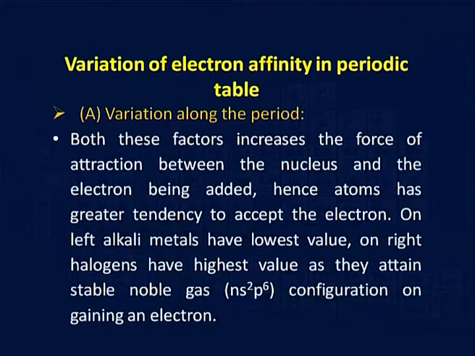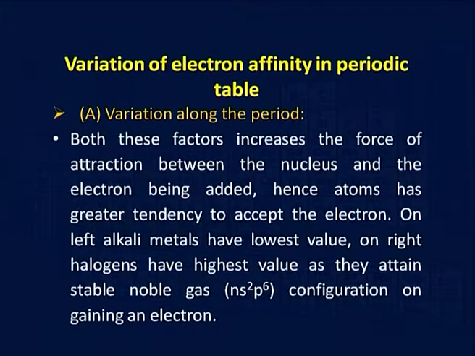On the left hand side, alkali metals have the lowest value, because their size of atom is large and nuclear charge is also low. But on the right hand side, we have halogens which have the highest value as they attain the stable noble gas configuration when they gain one electron.